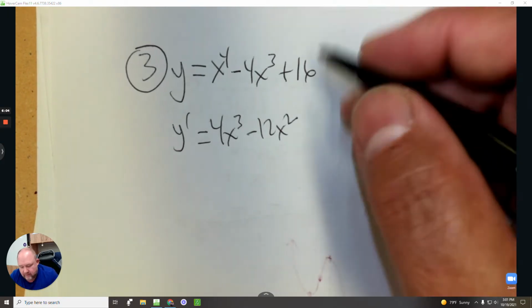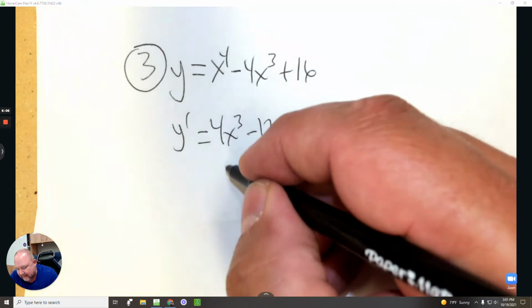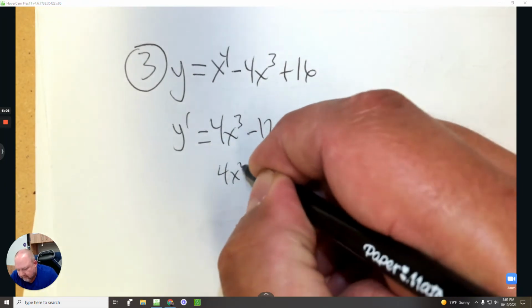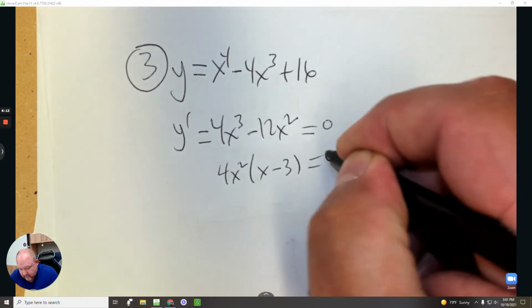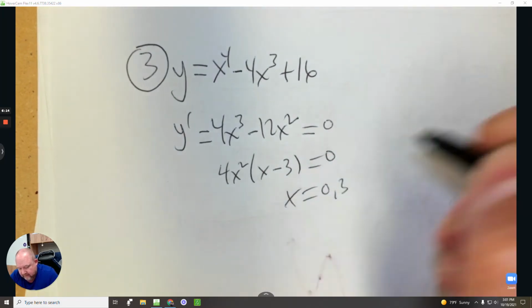After you take the derivative, make it equal to 0. Factor this. So that's 4x squared times (x minus 3). So the two answers are 0 and 3.